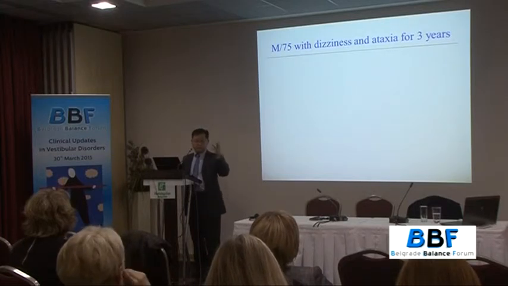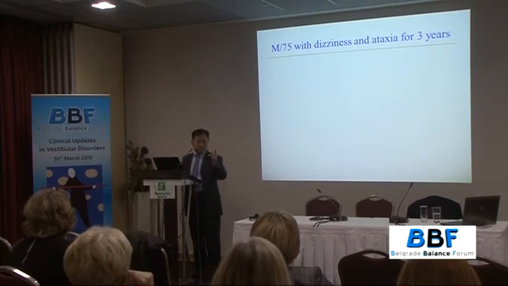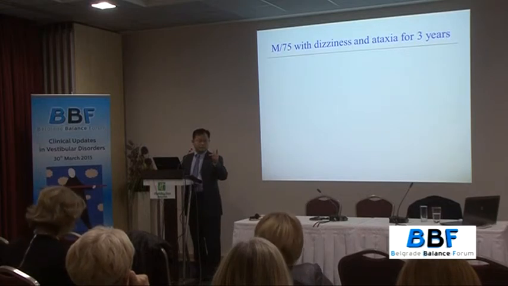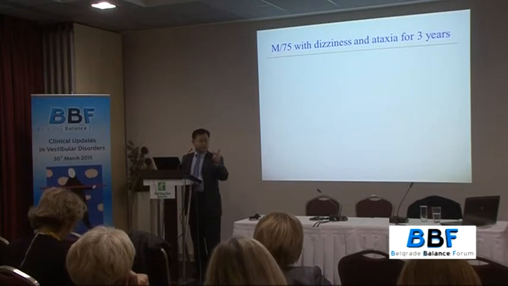Slowly progressive ataxia with spontaneous nystagmus and gaze-evoked nystagmus. What kind of cerebellar lesion? Why is there this horizontal spontaneous nystagmus? It may be, but it may be. Any other?